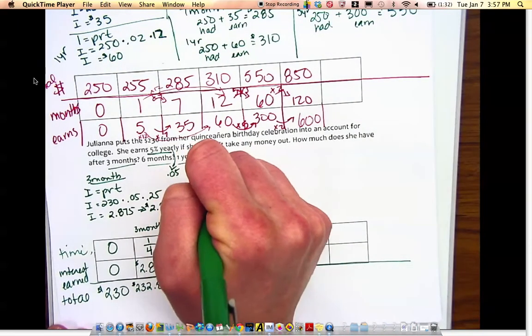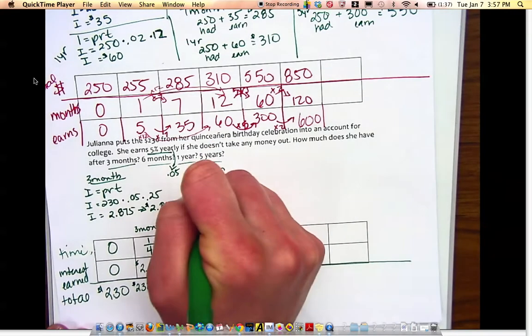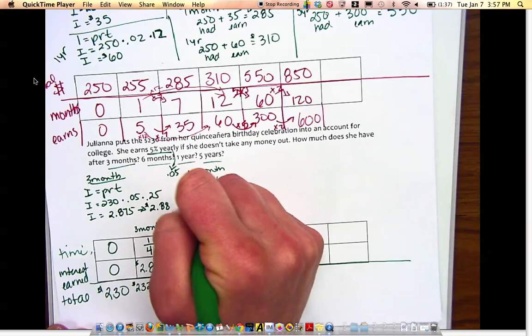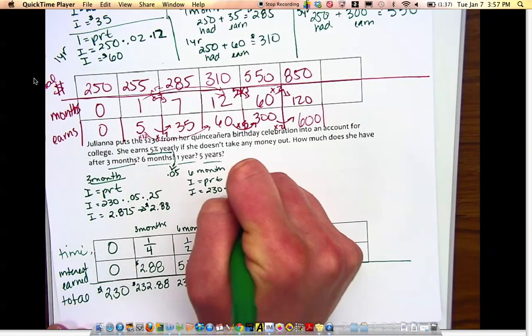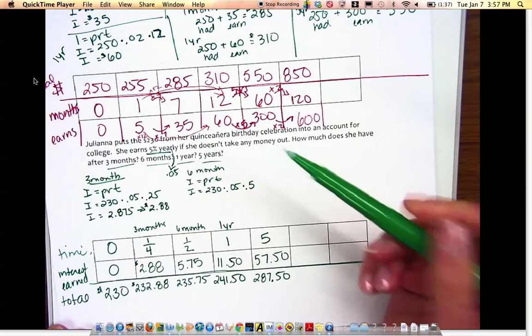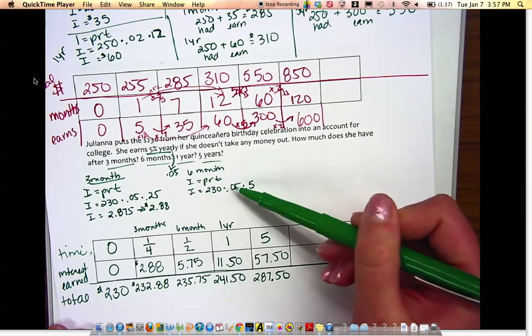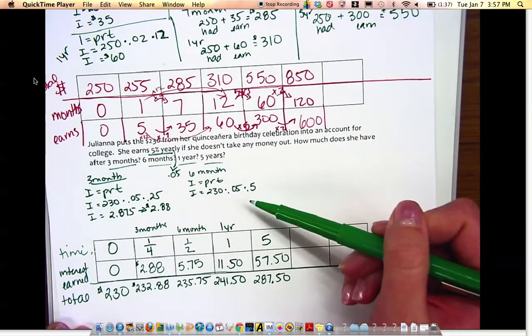6 months. All right, same thing. I equals PRT. $230 times 0.05 times 0.5. This one's a little confusing because I have 0.05 for 5/100, which is our percent, and 0.5 for half a year.